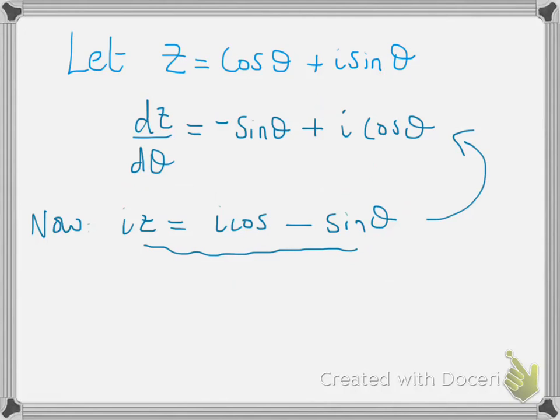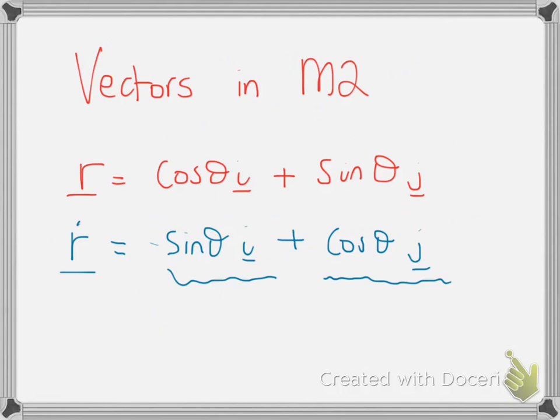So we've got dz d theta is equal to i times z. Now let's go on to a new slide here. So we've got dz d theta is equal to iz.